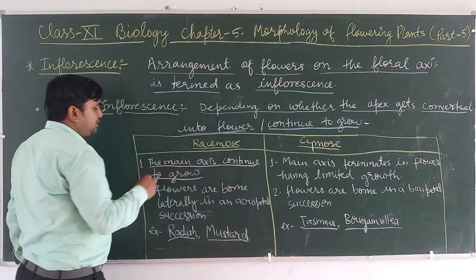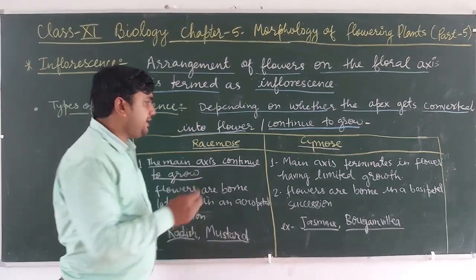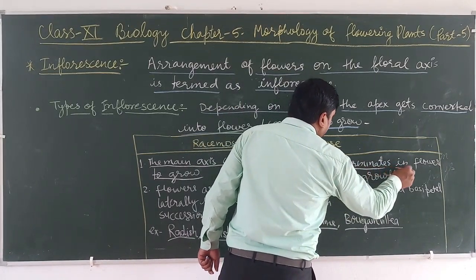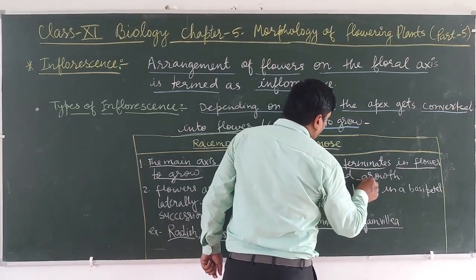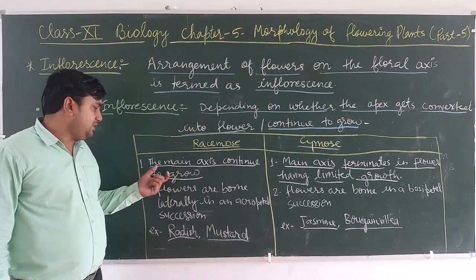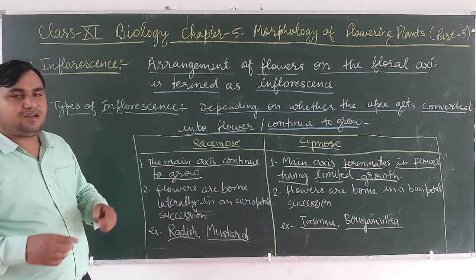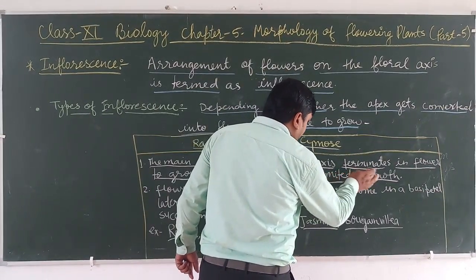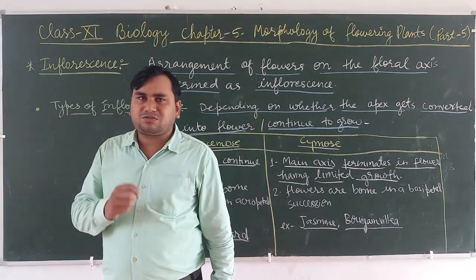In the racemose, the main axis continues to grow, and in the cymose, the main axis terminates in a flower, having limited growth. बहुत ही बेसिक टर्म है इसमें, बेसिक डिफरेंस. मेन एक्सिस रेसमोज का क्या होता है? कंटिन्यू हो जाता है किसके लिए? ग्रोथ के लिए. एंड इसका मेन एक्सिस क्या होता है? टर्मिनेट हो जाता है फ्लावर में, और उसके पास बहुत ही कम ग्रोथ होती है, डेवलपमेंट उसमें बहुत ही कम होता है.